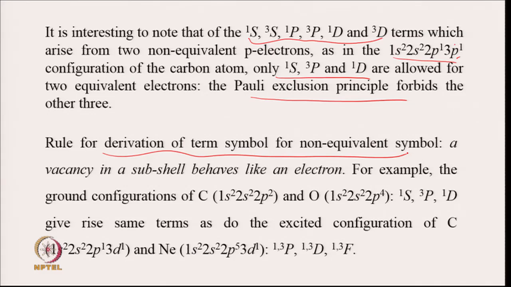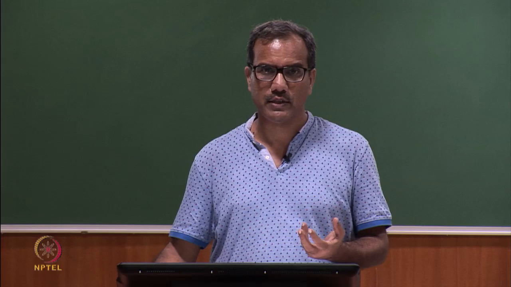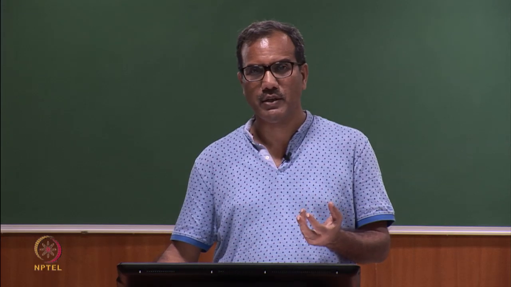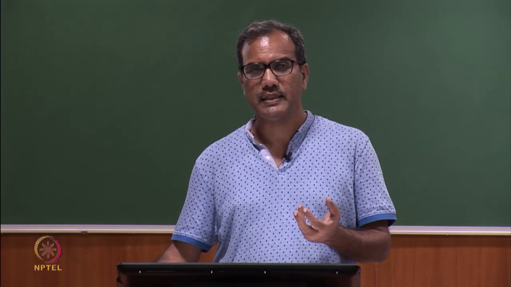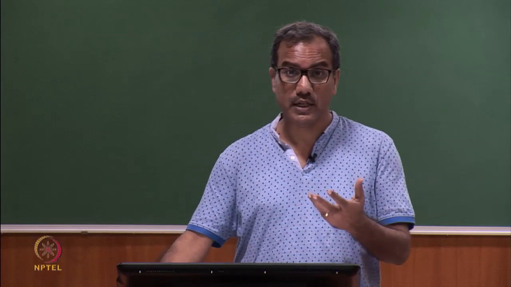Now, a rule for derivation of term symbols: a vacancy in a subshell behaves like an electron. This is a very important rule. If you have a p4 configuration, then you can look at the terms arising from p2, and that simplifies the complicated combination of 4 equivalent electrons.